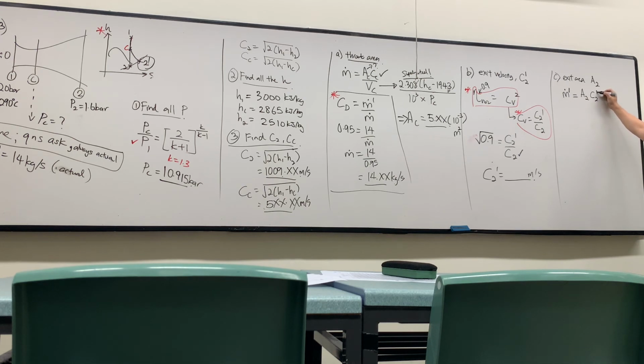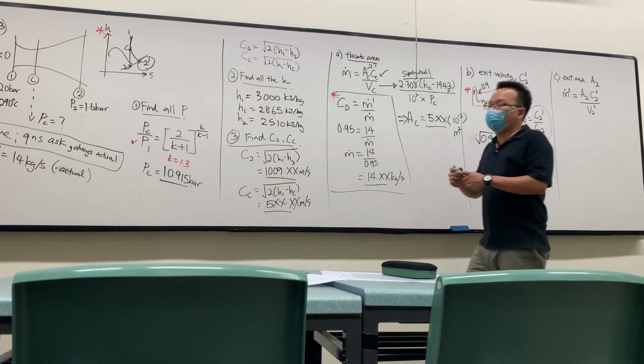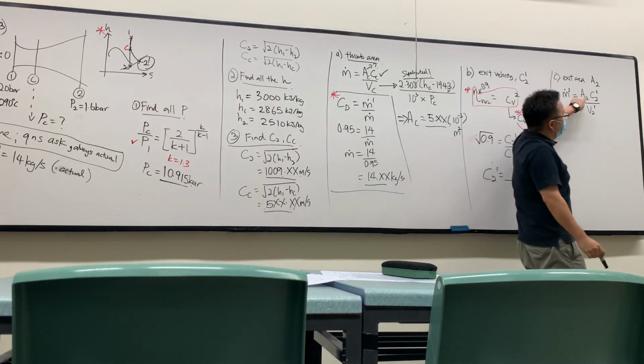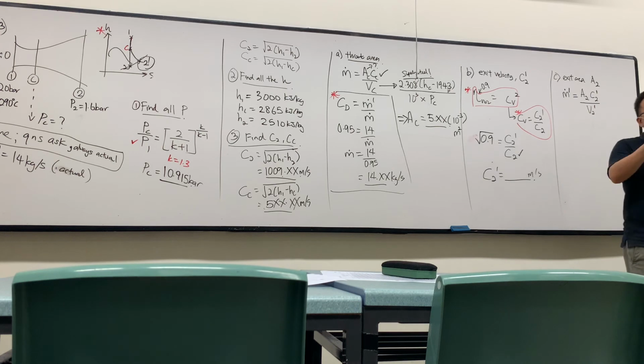Good, everything at the exit is always prime now. Divided by V2, that's a prime also because we're dealing with the factor. Only area has no prime because area is a physical dimension. There's no such thing as ideal dimension or actual dimension. The nozzle you install has that dimension.